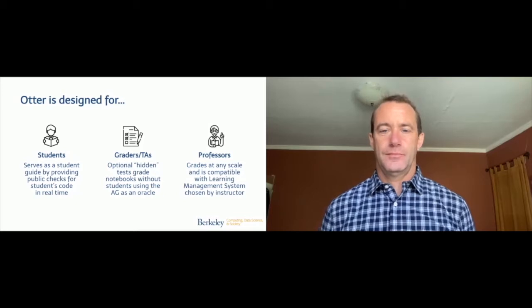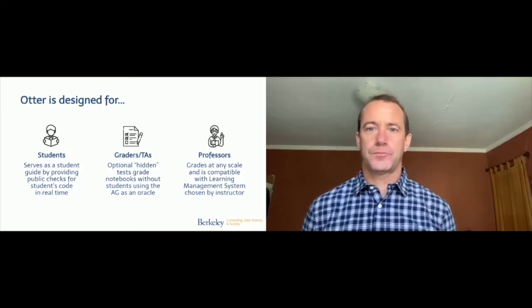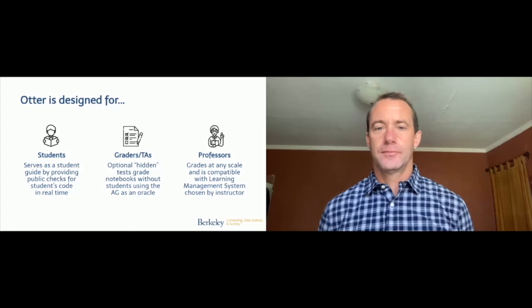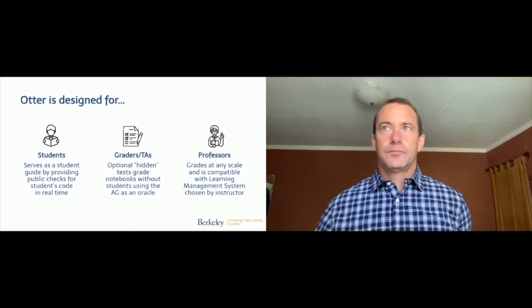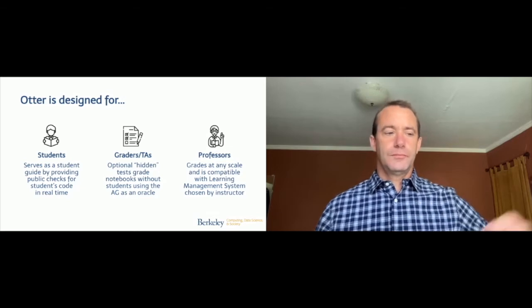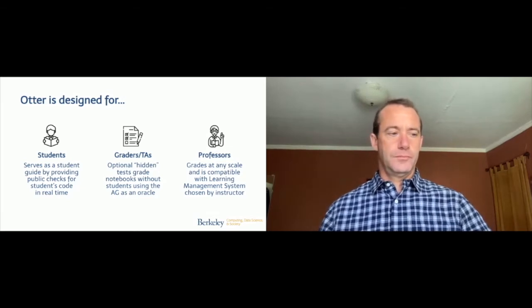For graders and TAs, it also includes optionally hidden tests that grade notebooks for correctness rather than just reasonability, and which prevent students from using the autograder as an oracle to brute force the assignment. And lastly, for professors, it was designed to be scalable for grading classes at any scale, and to be compatible with different learning management systems, and whichever one is chosen by the instructor.